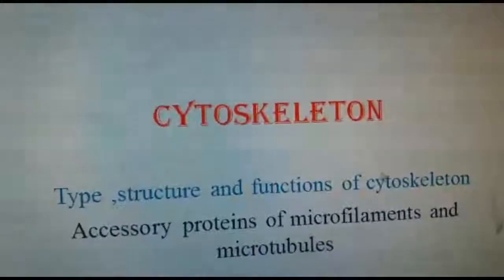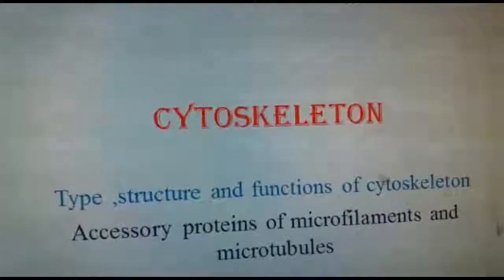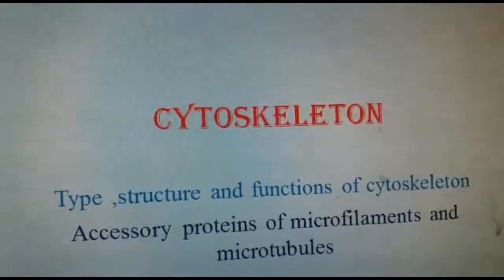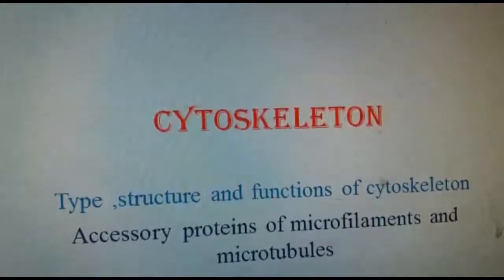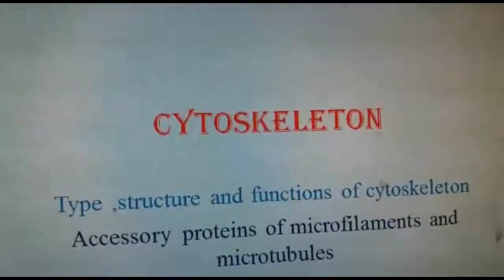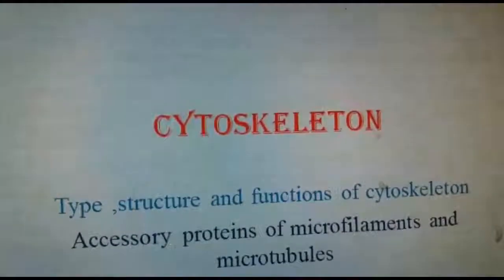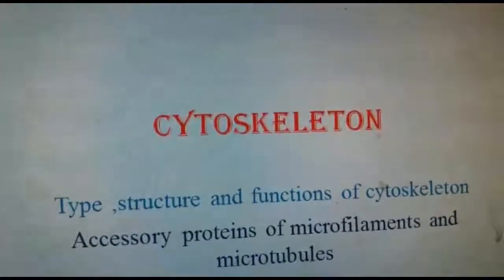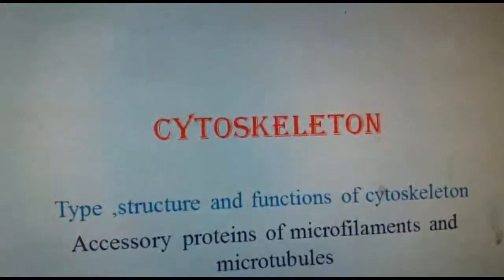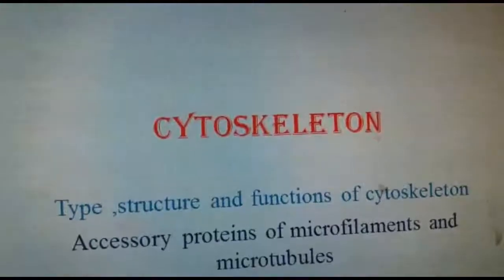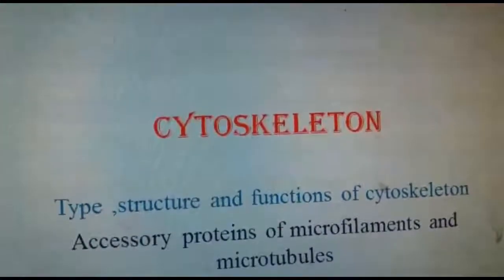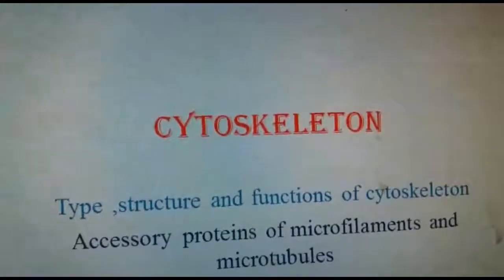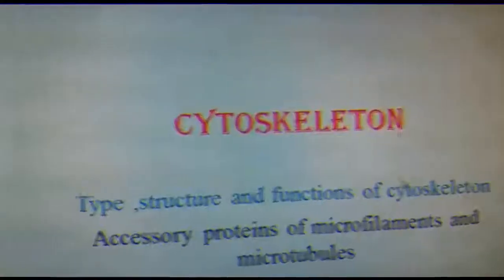This large set of accessory proteins is essential for controlled assembly of the cytoskeletal filaments in particular locations, and it includes the motor proteins, remarkable molecular machines that convert the energy of ATP hydrolysis into mechanical force that can either move organelles along the filaments or move the filaments themselves.